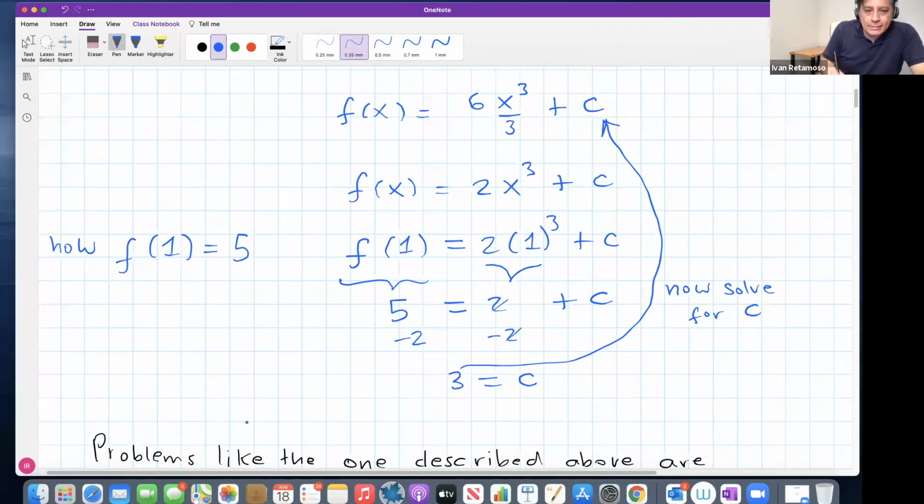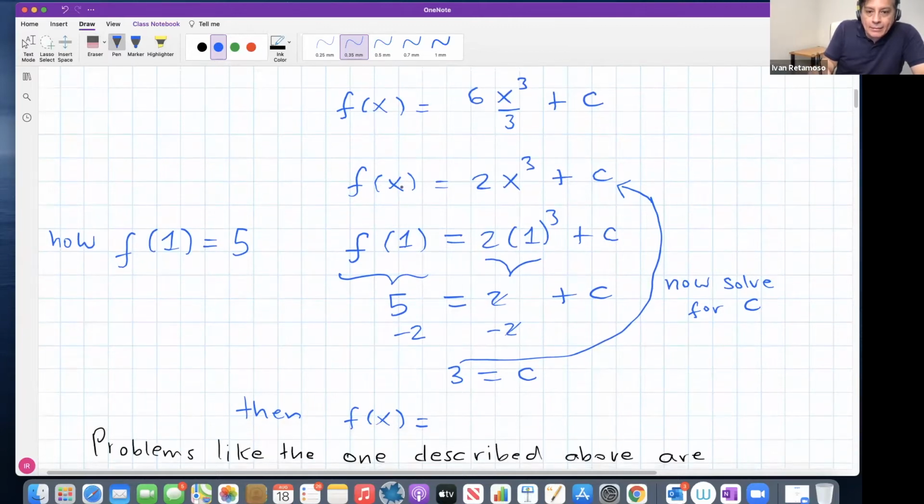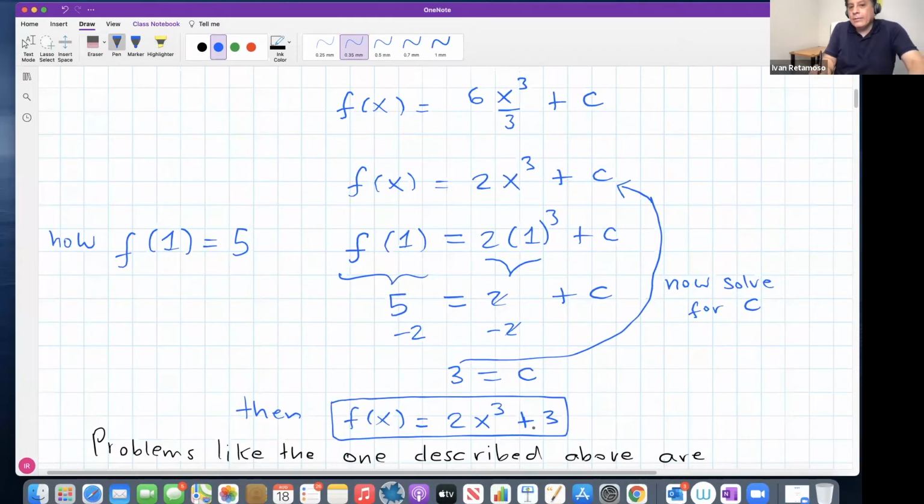Then f of x is equal to 2x cubed plus C. C was found to be 3, so I can say that f of x is this function, concretely, 2x cubed plus 3. You follow, guys? So it's possible to find the function, because now we know the value of the constant.